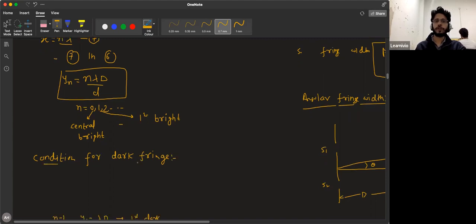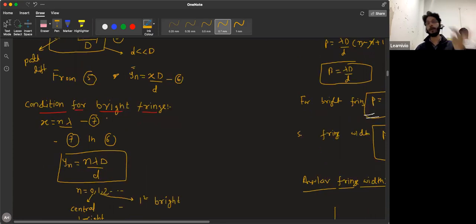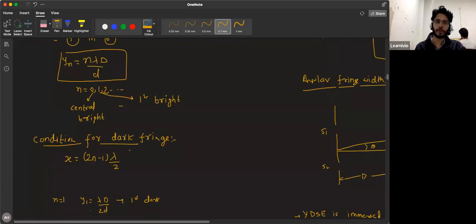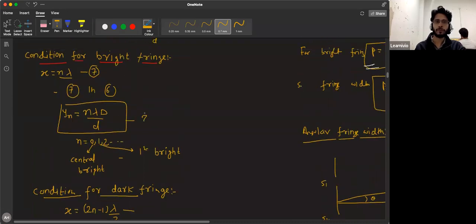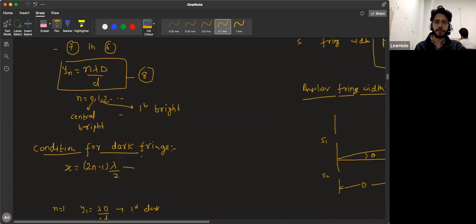So for dark fringe, the condition is your path difference should be (2n minus 1) lambda by 2. We derived this in the last lecture. For bright fringe, your path difference is n lambda, and for dark fringe, it's (2n minus 1) lambda by 2. Let's call this equation number 8. Let's call this equation number 9.